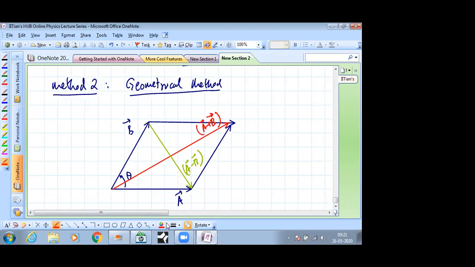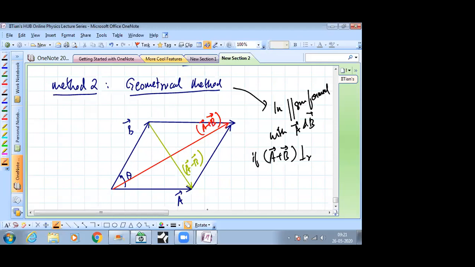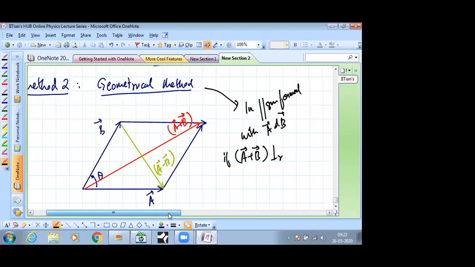So you can see that within the vector parallelogram formed with A and B, if A plus B is perpendicular to A minus B, then that implies that the diagonals are perpendicular.